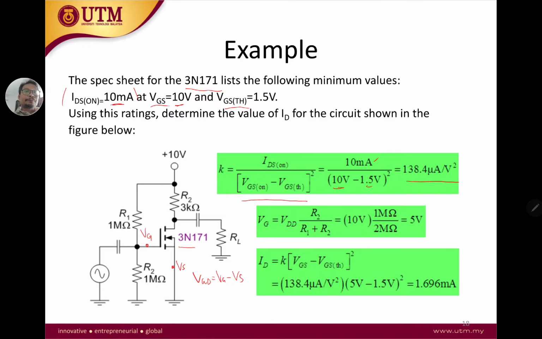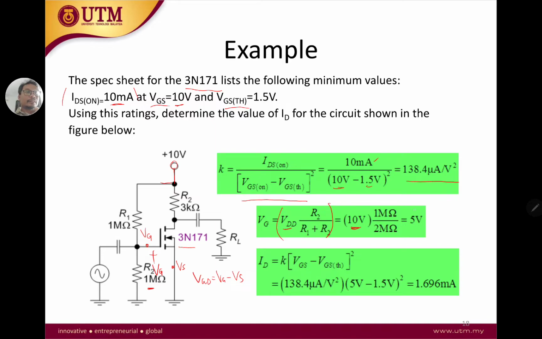Here we can see that it's simply a voltage divider, where we have a 10 volt supply coming in, and VG is in fact the voltage across R2. So it's a voltage divider equation: VDD, which is 10 volts, times R2 over R1 plus R2.